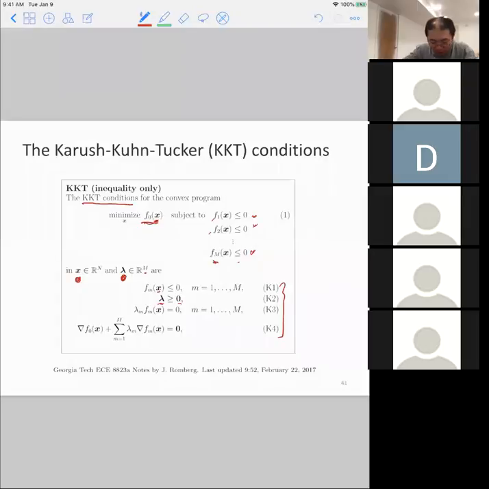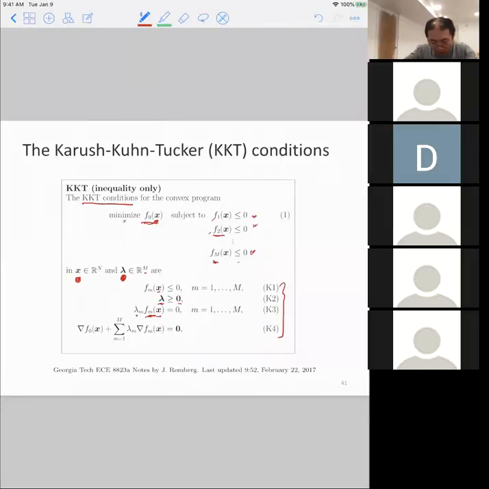And the third set of conditions is really interesting. This is our focus, right? The third condition says that for every element in lambda and every corresponding constraint function, we have lambda m times fm of x equal to 0. So you can imagine if lambda is non-zero, then this constraint function must be 0, meaning that x must stay on the boundary of the feasible region, right?